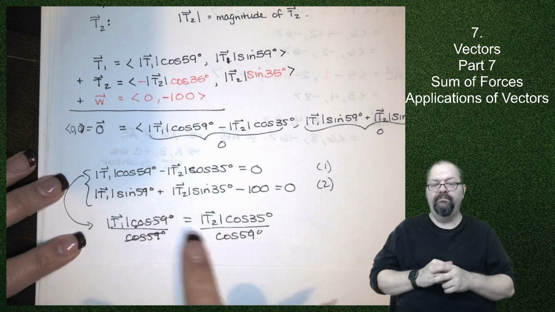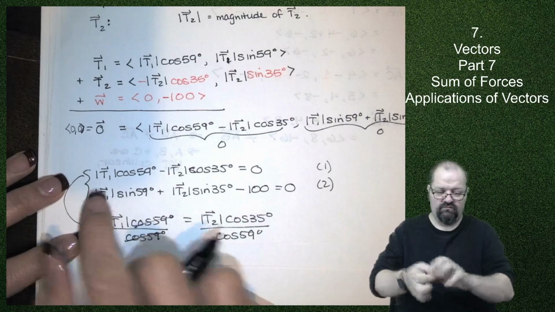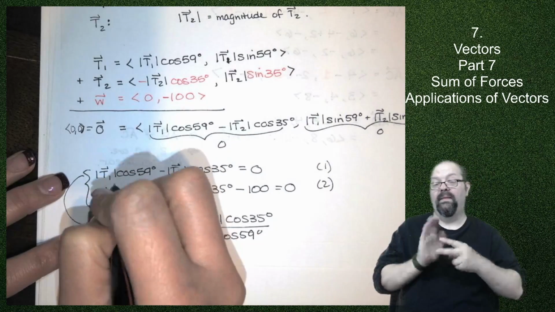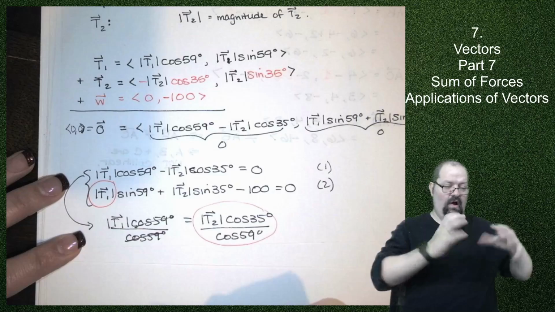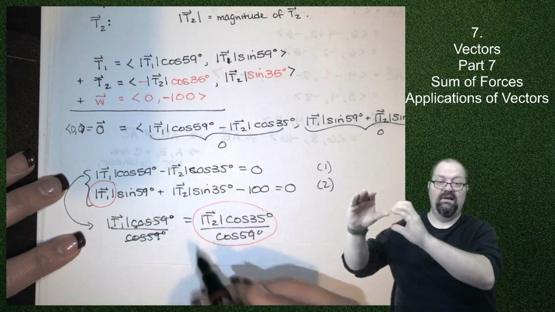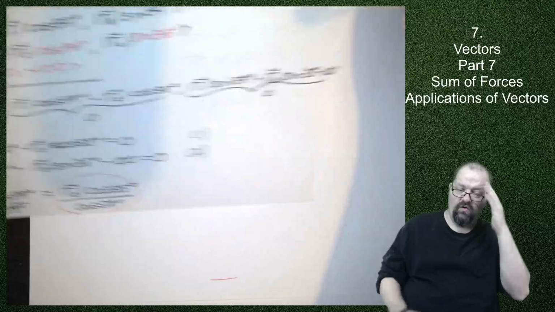All right, so I know T1 in terms of T2. So I can replace the T1 right here. I can replace that with all of this, and then I'll have one equation and one unknown. It'll involve the magnitude of T2 only.